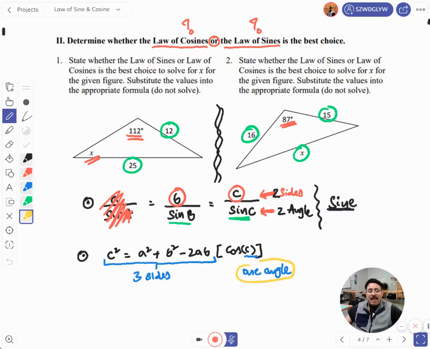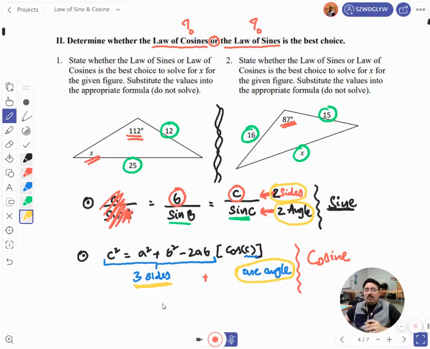If three sides and one angle are given, then you have to take the cosine rule, and if you are given two sides and two angles, then you have to go for the sine rule. Okay, now questions on this, please. You may type in the comment box.